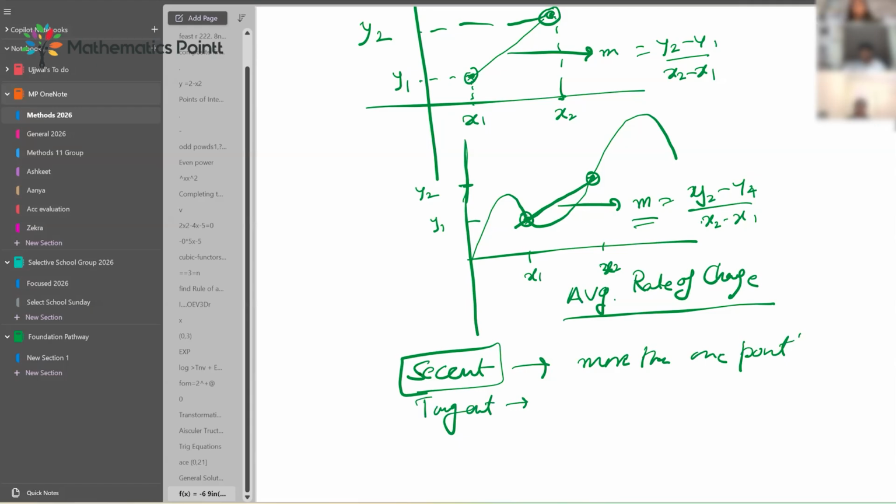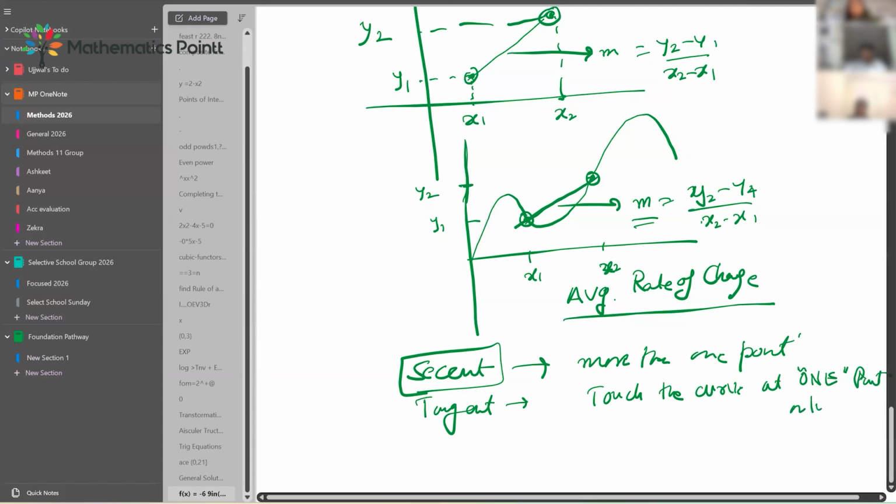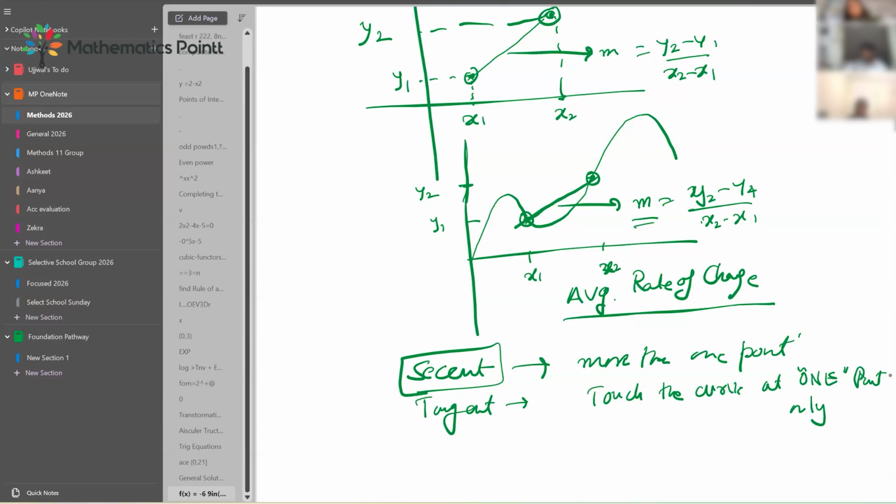Tangent is that line that touches the curve at 1 point only. So right now, this line, which is cutting the curve at 2 points, and we are trying to find the slope of that line, is the secant.